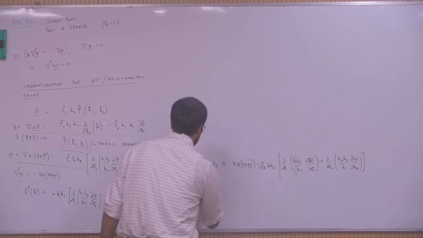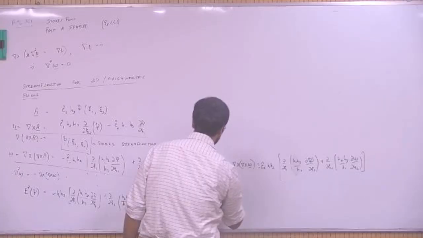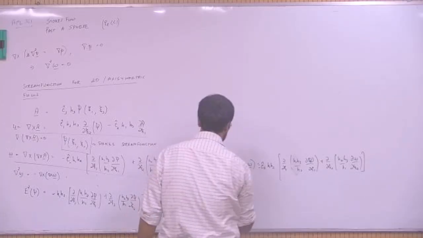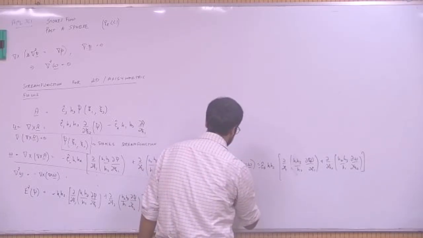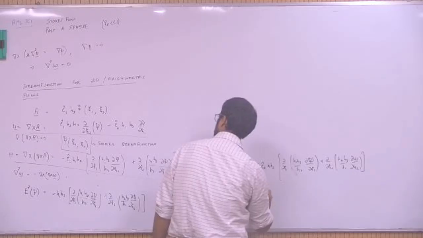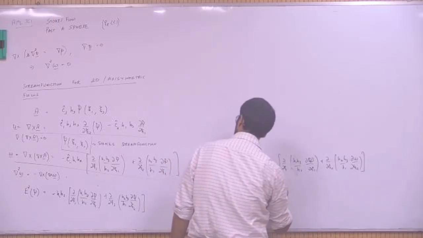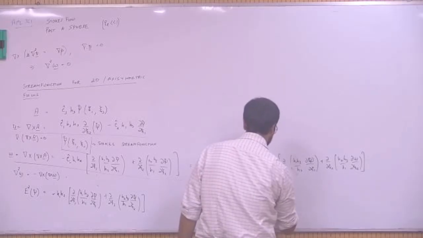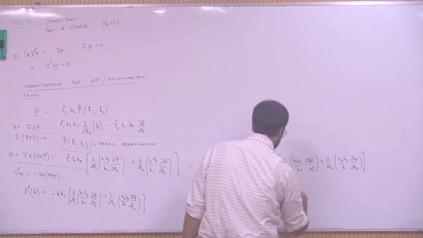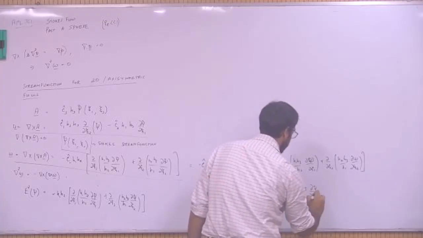So this omega is defined as h1 h2 over h3 del by del c1 h1 h3 over h2 del psi by del c1 plus del by del c2 h2 h3 over h1 del psi over del c2.